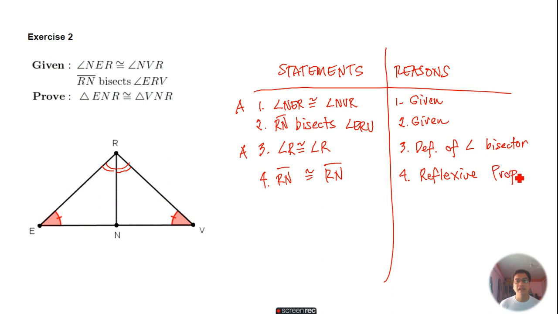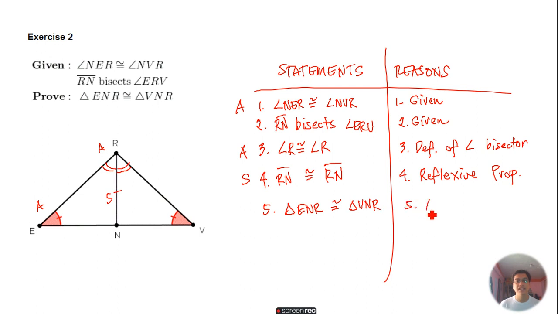And then we're going to mark. Now, look at the positions of the angles and the side. This is an angle, and the side is not included between the two angles. Therefore, it follows the AAS congruence theorem. So number 5, triangle ENR is congruent to triangle VNR.